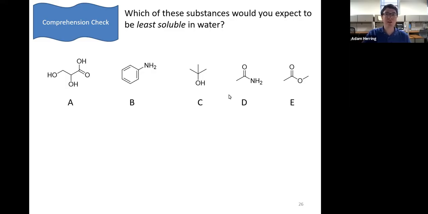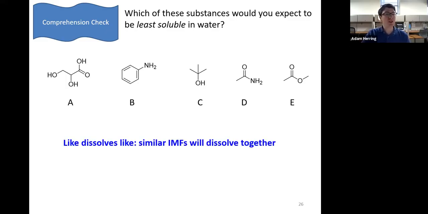Welcome back. So we want to know which of these substances we would expect to be the least soluble with water. How do we evaluate this? We know that solubility is based upon molecules having similar intermolecular forces. We use the phrase "like dissolves like." So if two molecules have similar intermolecular forces, then they'll be very soluble. They'll dissolve well together.